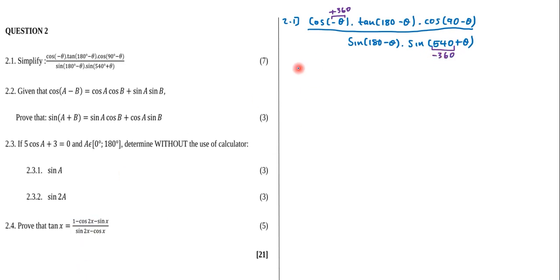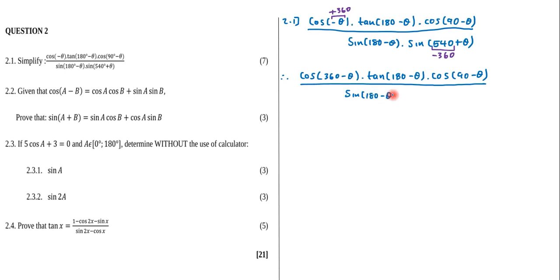Now the second thing that you're going to do is update the expression, and then have the 360 minus theta there. And then here we have tan 180 minus theta times cos 90 minus theta over sine 180 minus theta times, now 540 minus 360 gives me 180 plus theta.